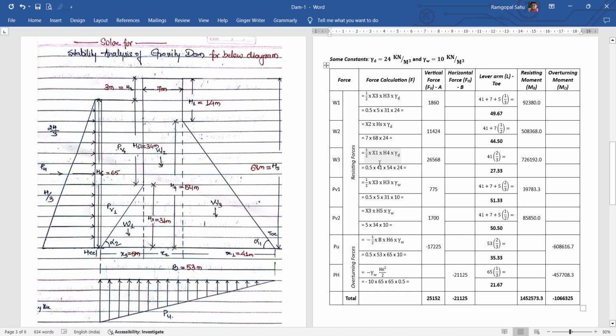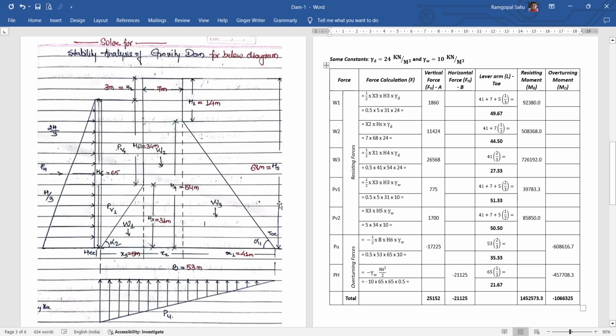Now let us go for the forces due to water, that is PV1 and PV2. PV1 is in a triangle shape. Same formula as we applied for W1, but only the specific weight of water, gamma W, is applied over here. After substituting the values, we get 775 kilonewton of force acting on the dam structure.